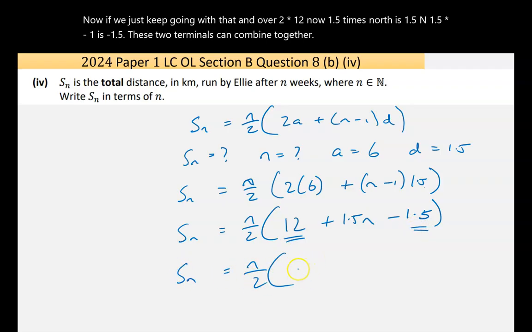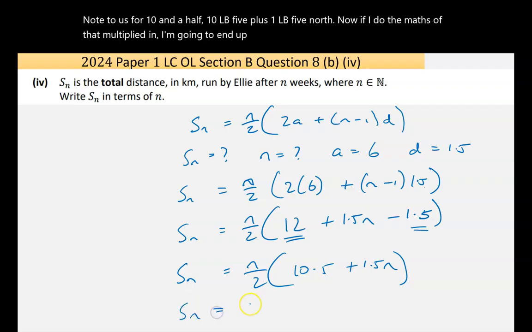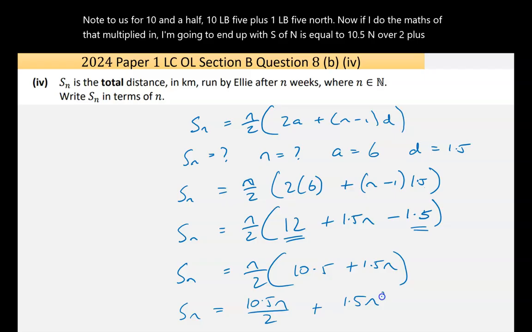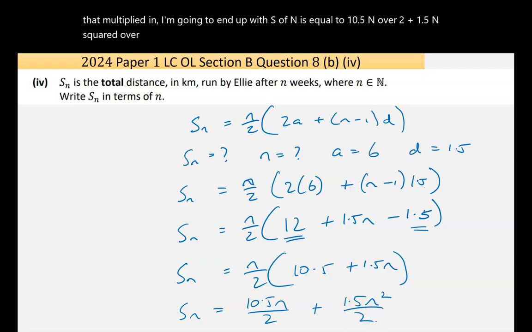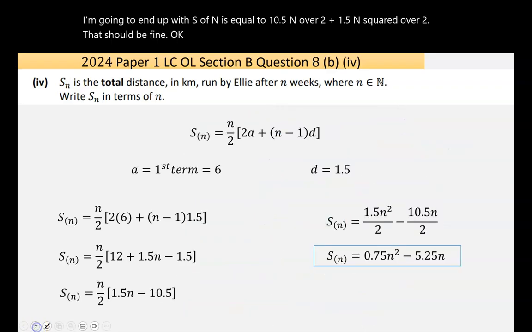Now that's what, 10 and a half. 10.5 plus 1.5n. Now if I do the maths of that and multiply it in, I'm going to end up with S of n is equal to 10.5n over 2 plus 1.5n squared over 2. That should be fine. Okay, so we got the answer.